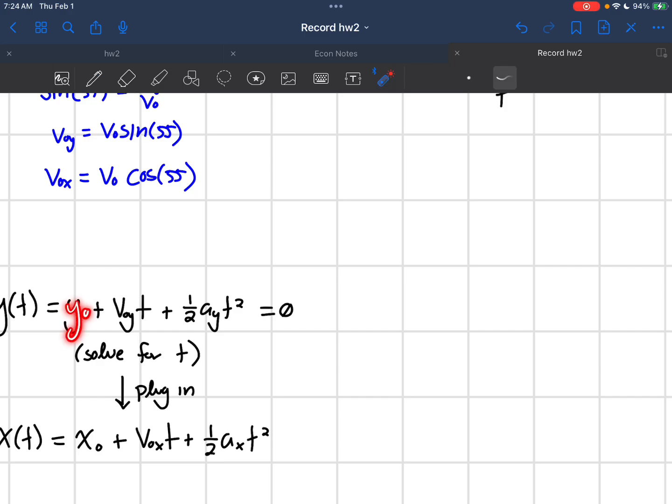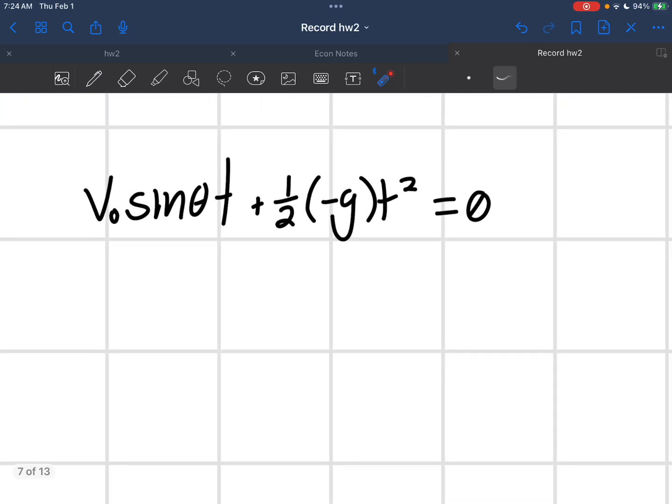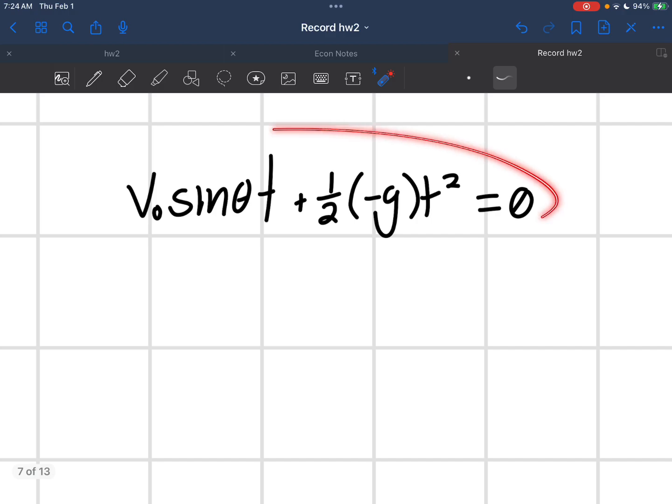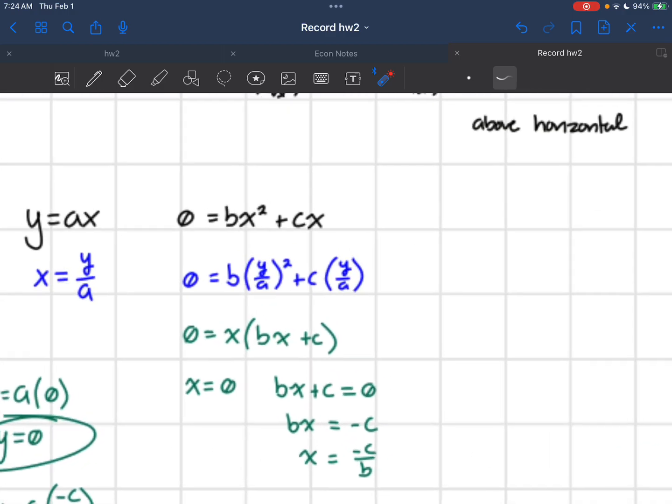I know my y naught is 0, so I'm just going to skip that. I'm going to go v naught y, which was v naught sine theta, times t, plus 1/2 minus g t squared. This is my first equation that I said I was going to solve for t. Now this should also look familiar, because it was in our sneak peek problems.